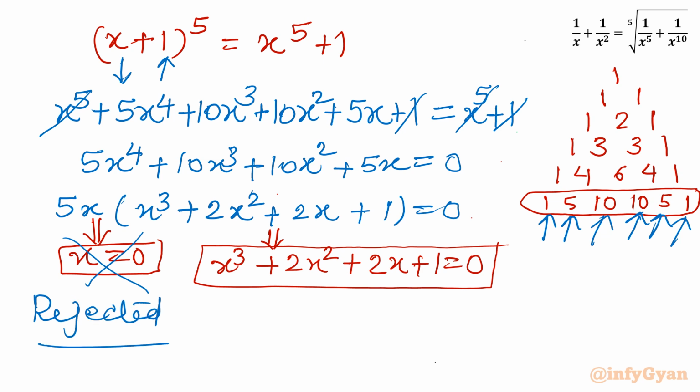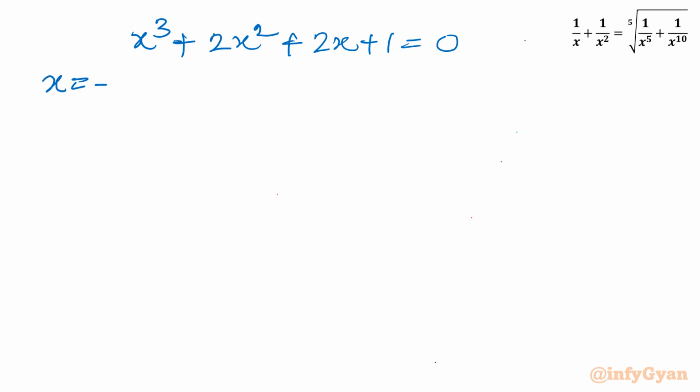Now come to our cubic equation. You can see, using the rational root theorem, we can proceed. Otherwise, simply by putting x equal to minus 1, it is satisfying the equation. I will use the synthetic division method. Let me write the equation here: x cube plus 2x square plus 2x plus 1 equal to 0. Let me put x equal to minus 1 there. See what will happen.